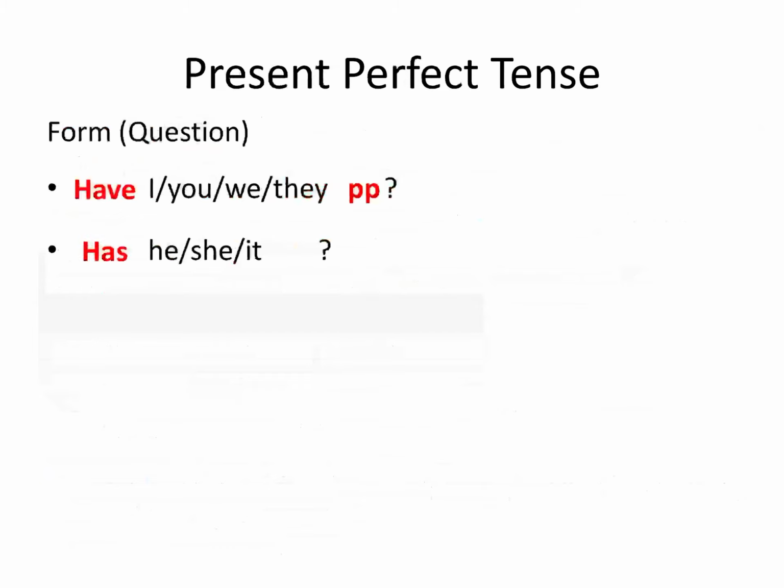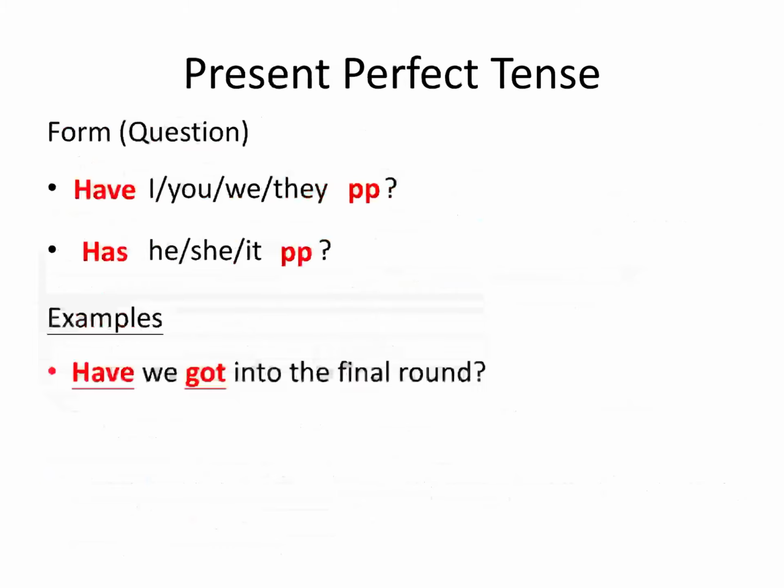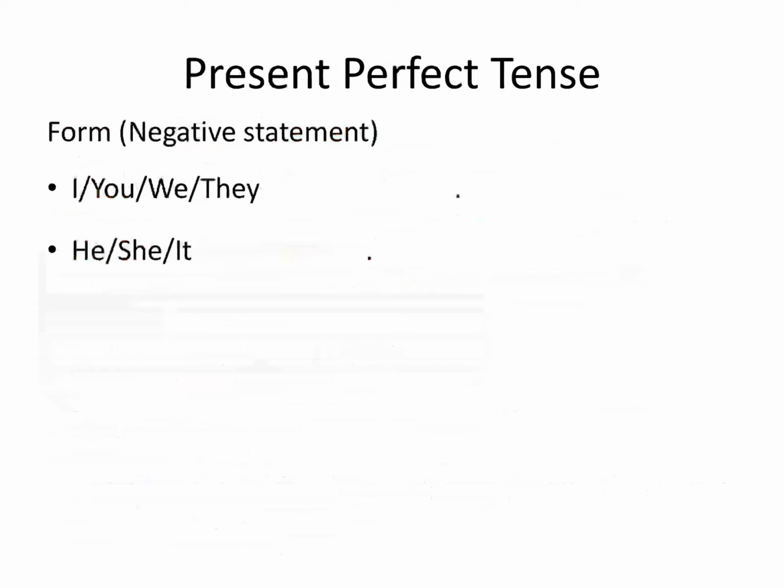When it is a question, it is actually simpler than simple past tense. We just need to start the question with the first part of the verb, have or has, and then the subject. After that, we write the second part of the verb, PP. Examples: have we got into the final round? Has it finished the medicine yet?